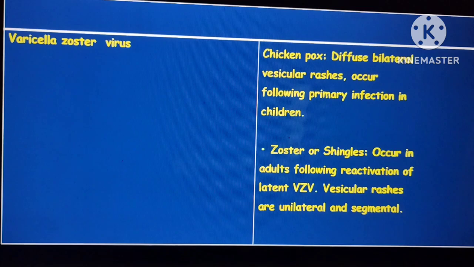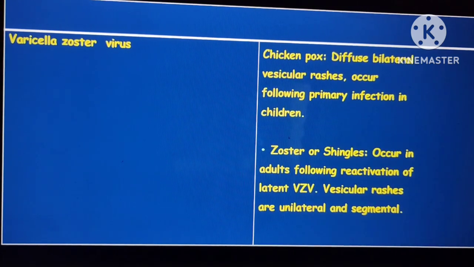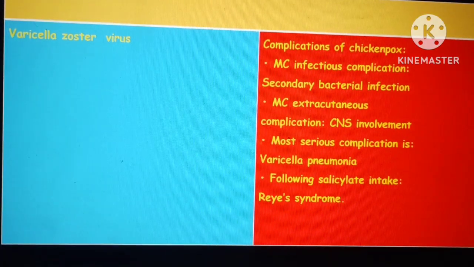Coming to varicella zoster, chickenpox usually presents with bilateral vesicular rashes, and most commonly occurs in children. Zoster is mainly because of reactivation of the varicella zoster virus, but here the vesicles are unilateral and segmental. For complications, remember all the points.